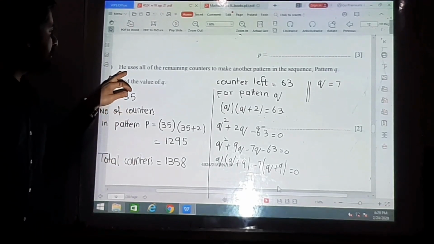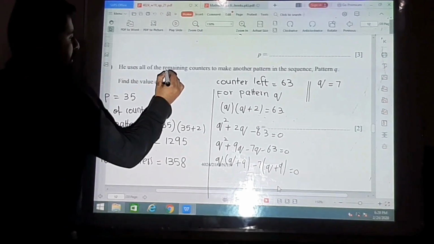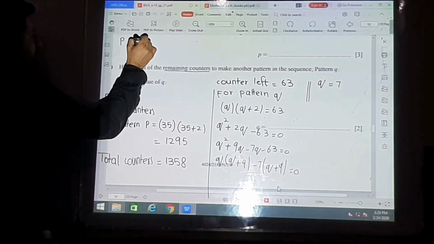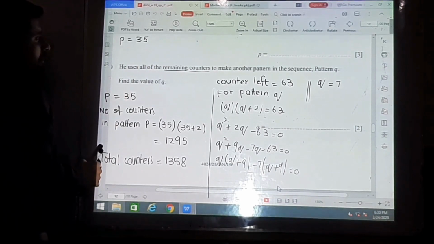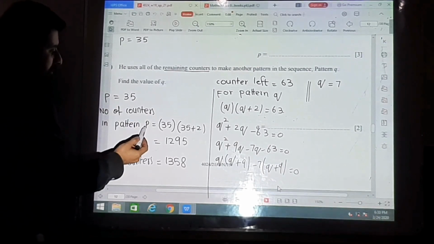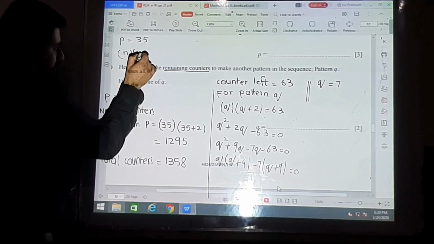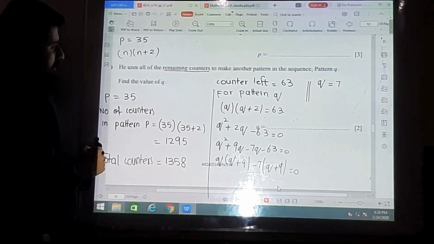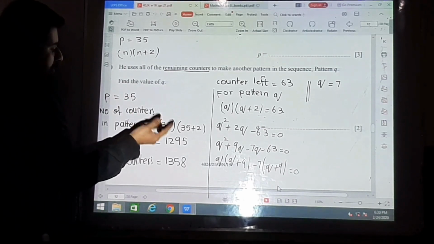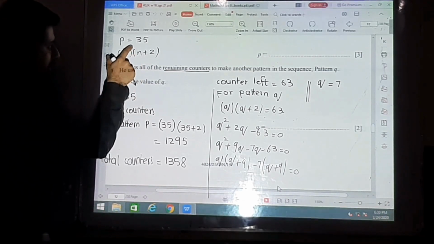The next part of this question is that he uses all the remaining counters. Now what are the remaining counters? The value of P was 35, and the number of counters used in pattern P, according to the expression n into n plus 2, the formula for the nth pattern, you can find by simply putting n equal to 35.